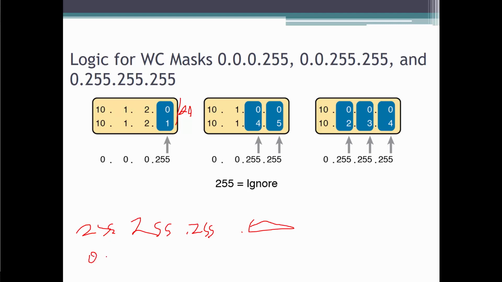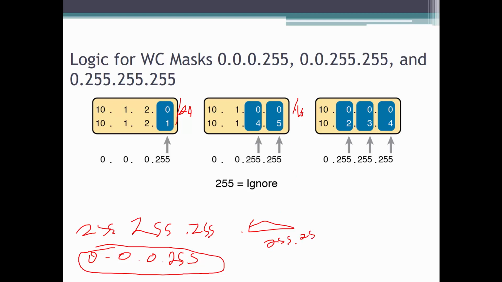Essentially, you flip all the ones to zeros and all the zeros to ones. This is the new wildcard mask. Likewise for a /16, 255.255.0.0, if you flip the ones to zeros and the zeros to ones, it becomes 0.0.255.255. Same thing for that one.